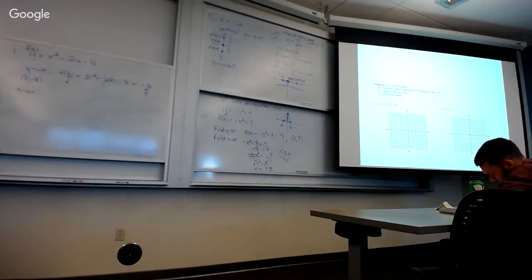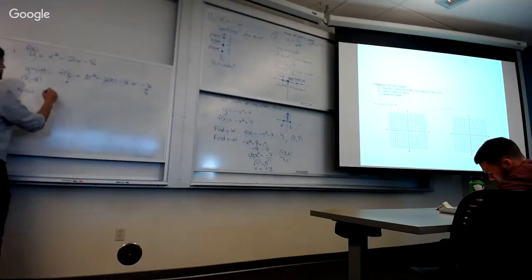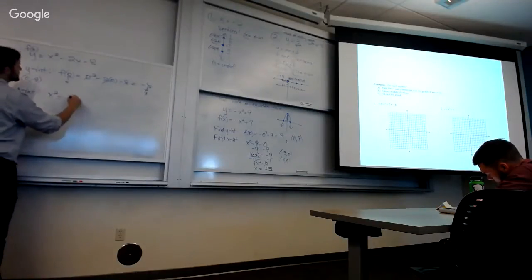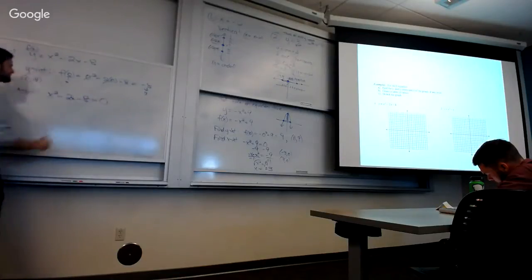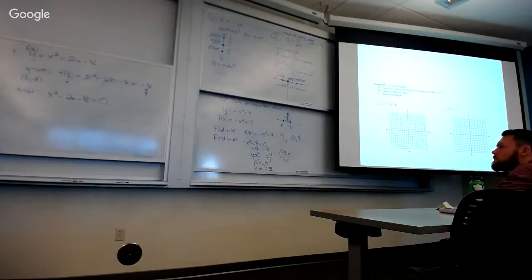The x-intercept is the one where you have to set the entire equation equal to 0 and then solve for x using algebra. This one's going to be a little more time-consuming. So let's set our equation, x squared minus 2x minus 8 equals 0. How do we solve that? Well, you could add 8 to each side, but I don't think that's going to help us get towards the answer.